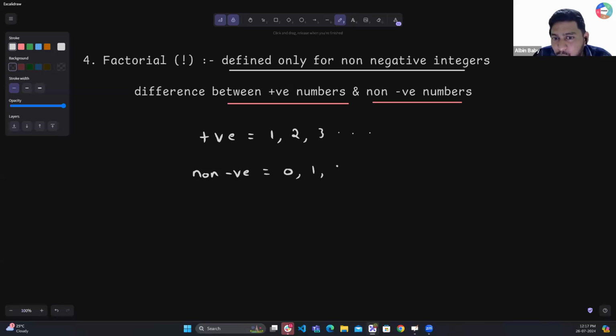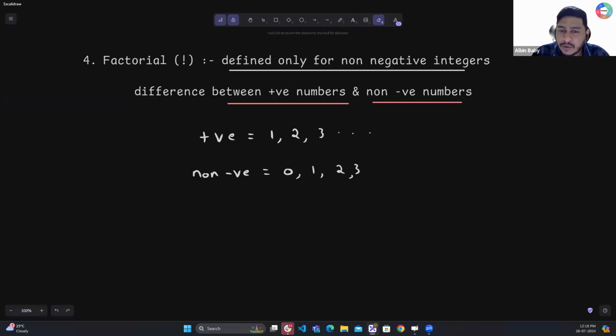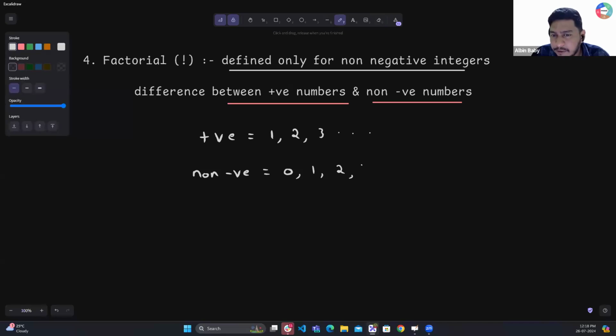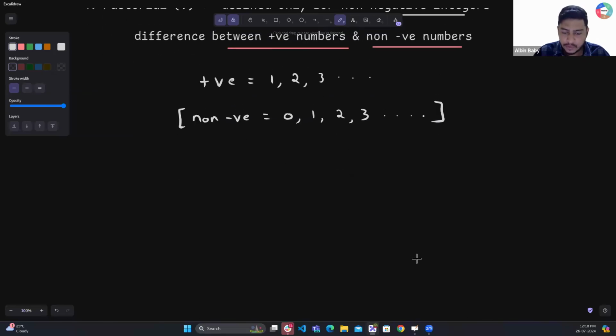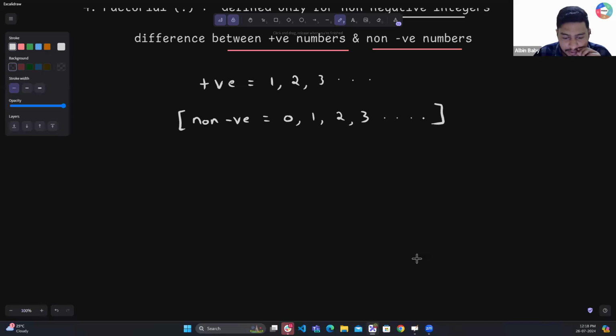So it's 0, 1, 2, 3, and so on. Is this clear? Difference of positive and non-negative numbers? So factorial is defined only for non-negative numbers. Any doubts? No negative numbers, no numbers less than 0.